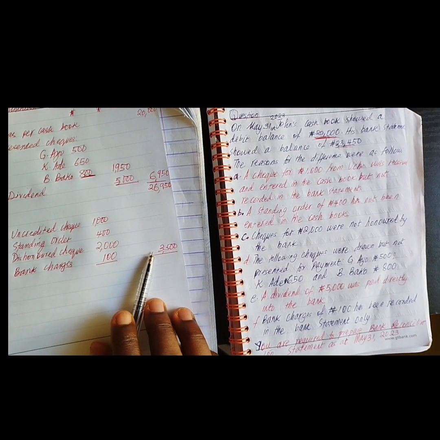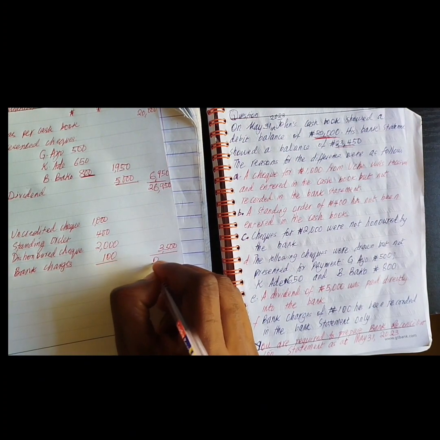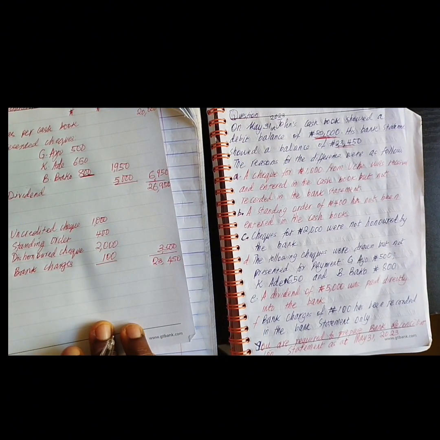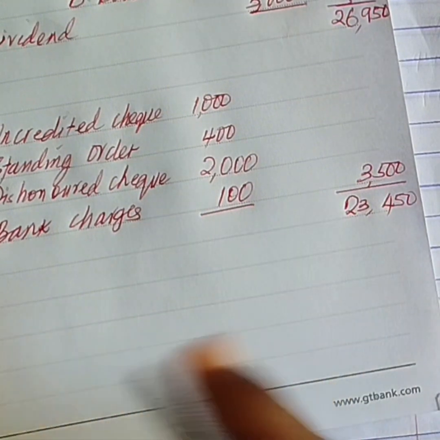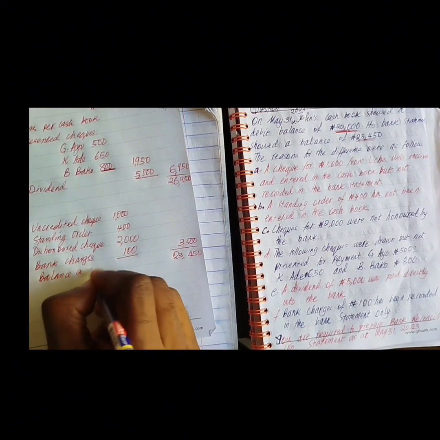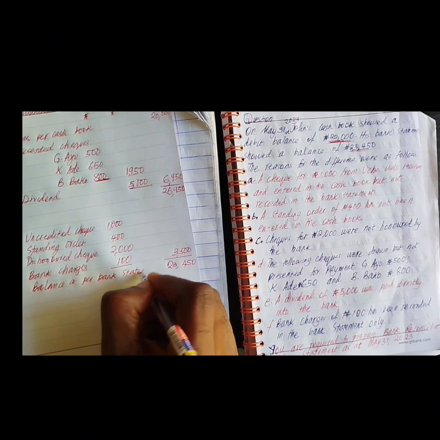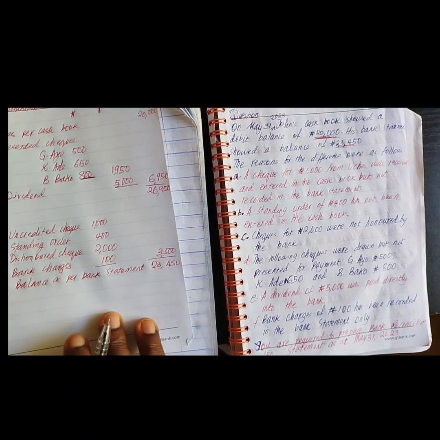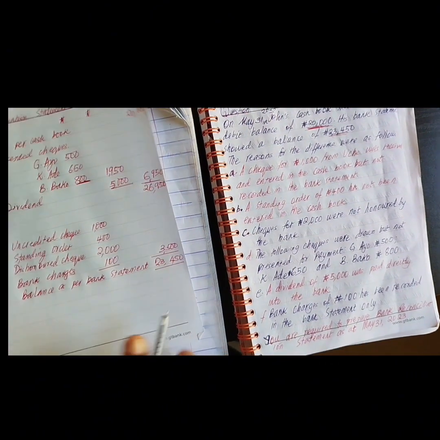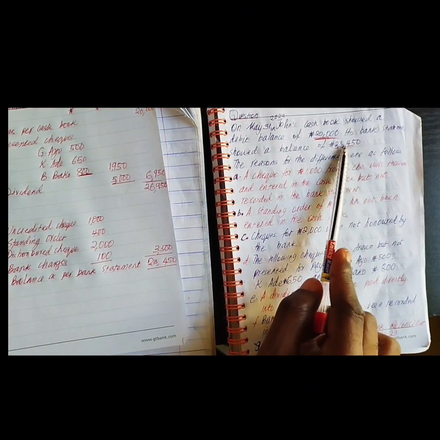When you remove 3,500 from 26,950, you get 23,450 naira. So this will be our balance as per bank statement. Since we got this value, 23,450 naira, you can see that it tallies with what we have been given in the question.